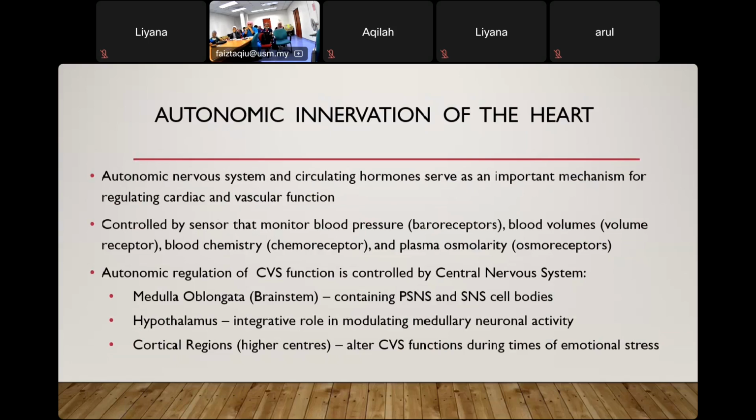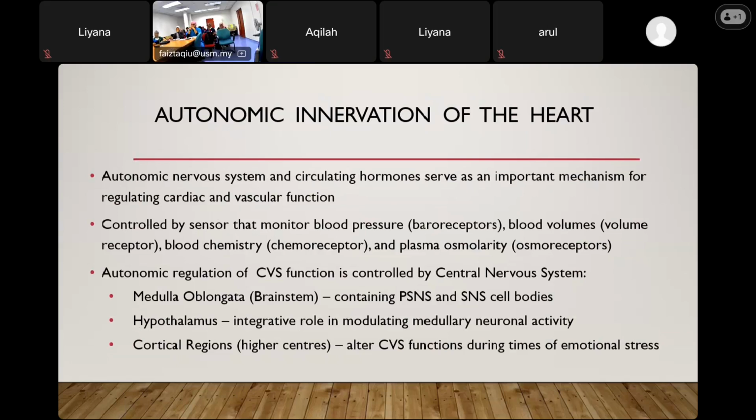Autonomic regulation of CVS function is controlled by the CNS, which consists of the medulla oblongata, containing the parasympathetic and sympathetic nervous system cell bodies, the hypothalamus, which has an integrative role in modulating medullary neuronal activity, and cortical regions, the higher centers, which alter CVS function during times of emotional stress.